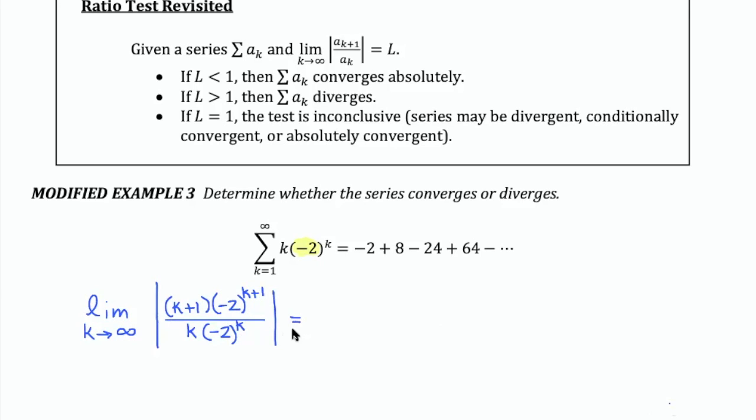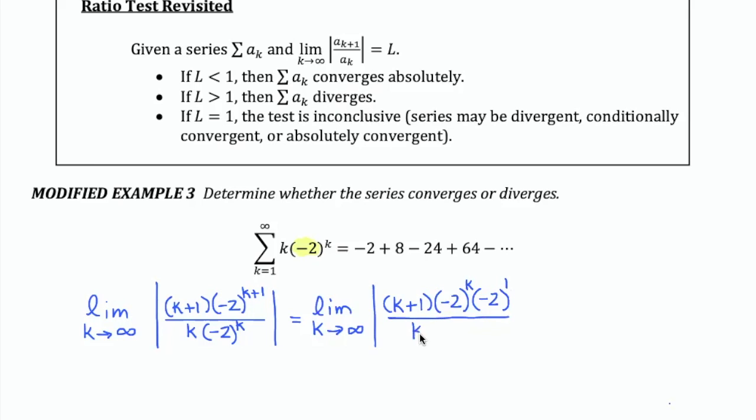And in the last section, we learned how to simplify expressions like this using some properties of exponents. So I can write the expression in the absolute value bars as -2 to the k power times -2 to the first power, instead of keeping it combined as a k plus 1.